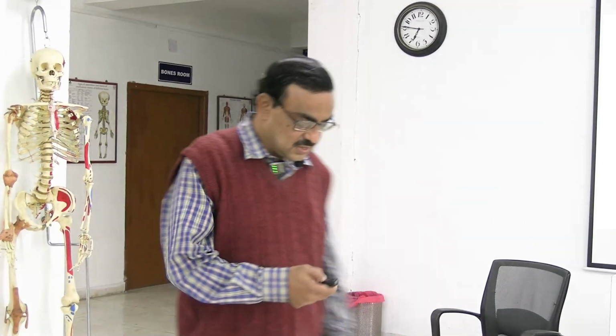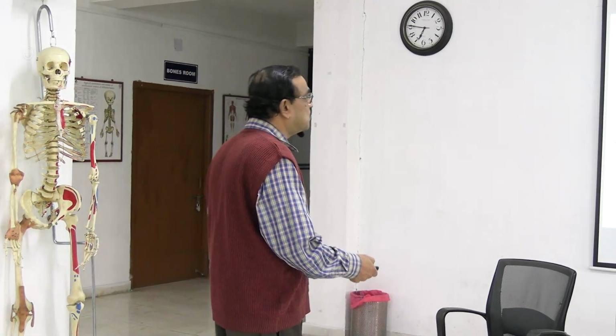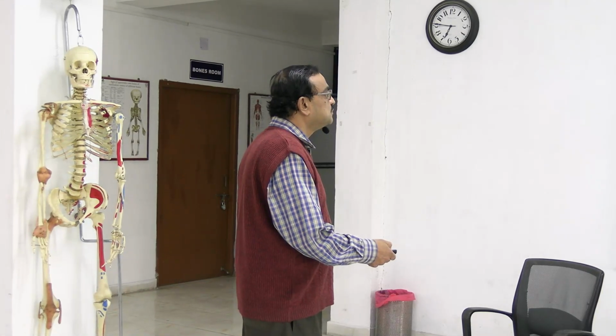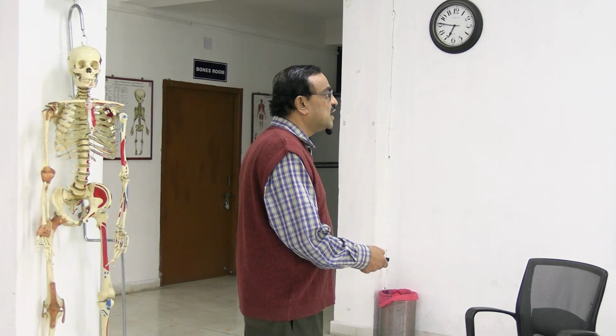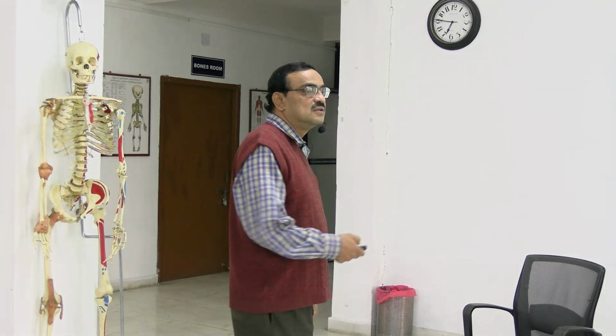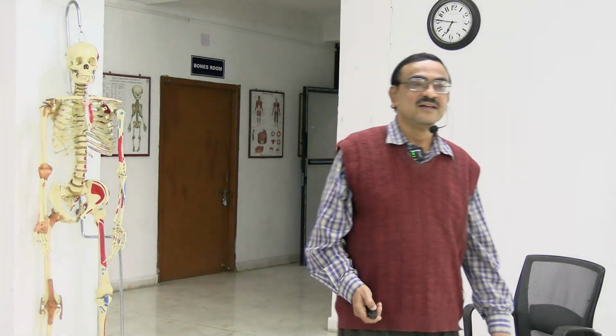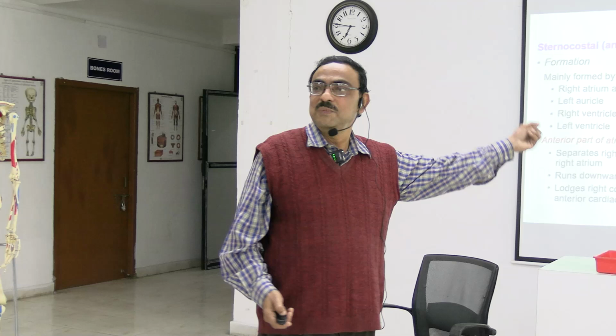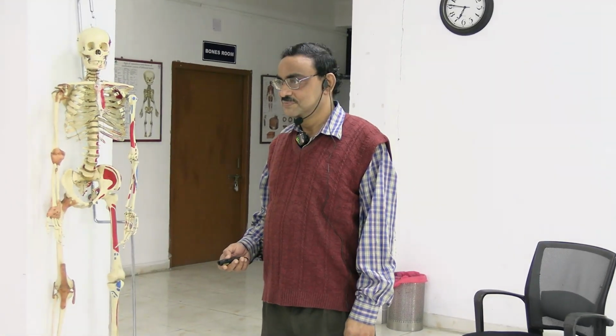This is the great cardiac vein. Similarly, in this groove we will get the right coronary artery and another vein which is called, if that is great, then this vein will be called the small cardiac vein. Okay.